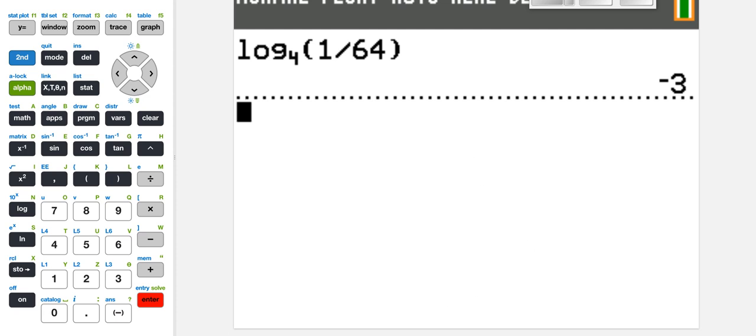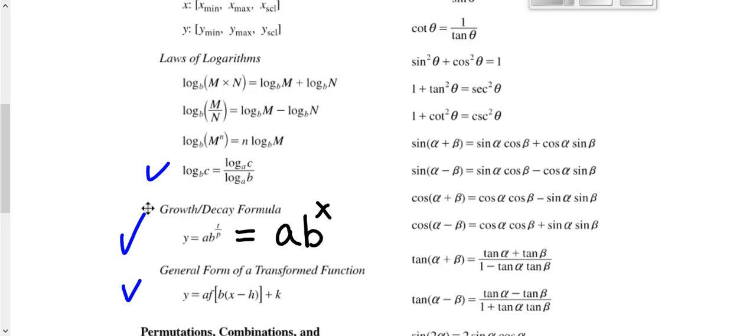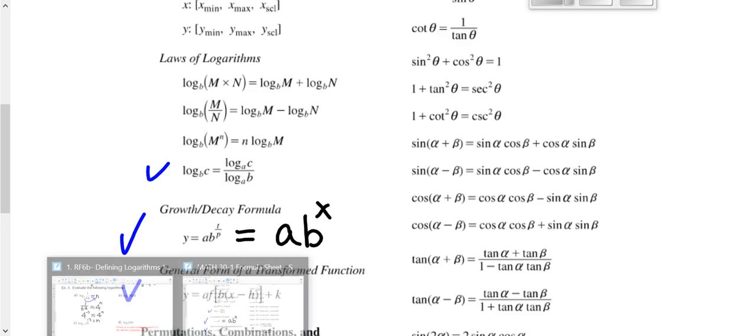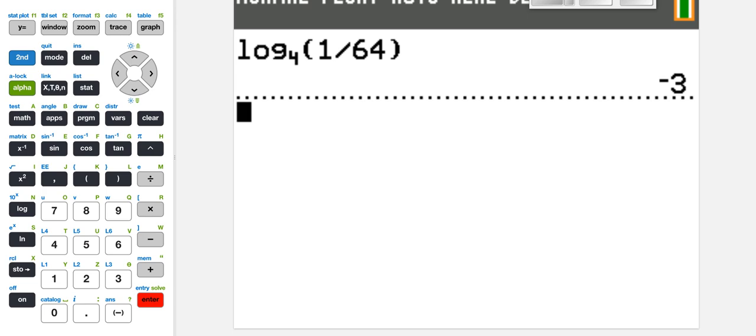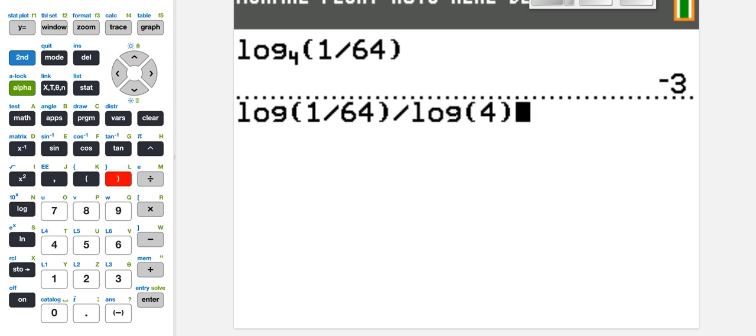So this formula: it is the same as log of 1 over 64 divided by log 4. So log, 1 divided by 64, close bracket, divided by log 4, enter. Same answer.